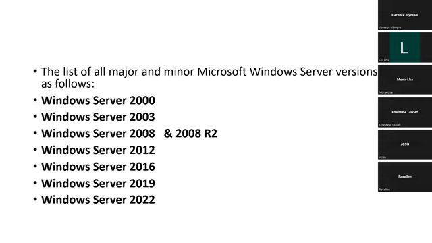And it's been like that. It's the same with the client operating systems: XP, Vista, Windows 7, Windows 8, Windows 8.1, Windows 10. We thought Windows 10 was the last, and then we woke up one day and Microsoft brought Windows 11. So it's like that.